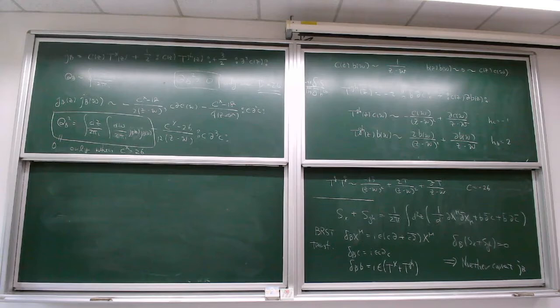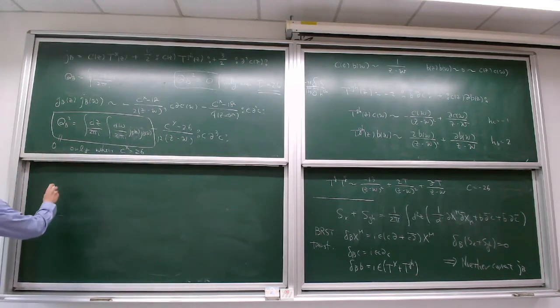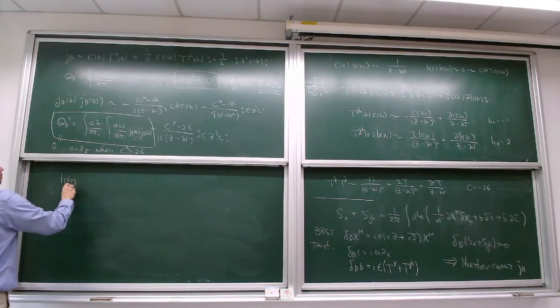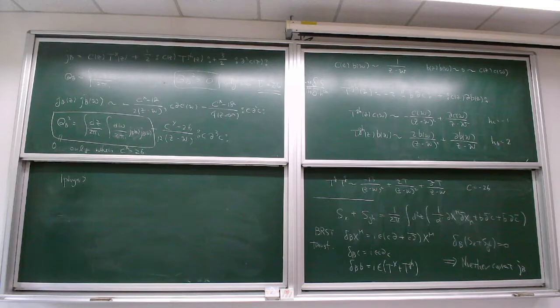Okay, so once you have Q_B squared equal to 0, we can impose the condition for physical states in the sense of Faddeev-Popov.